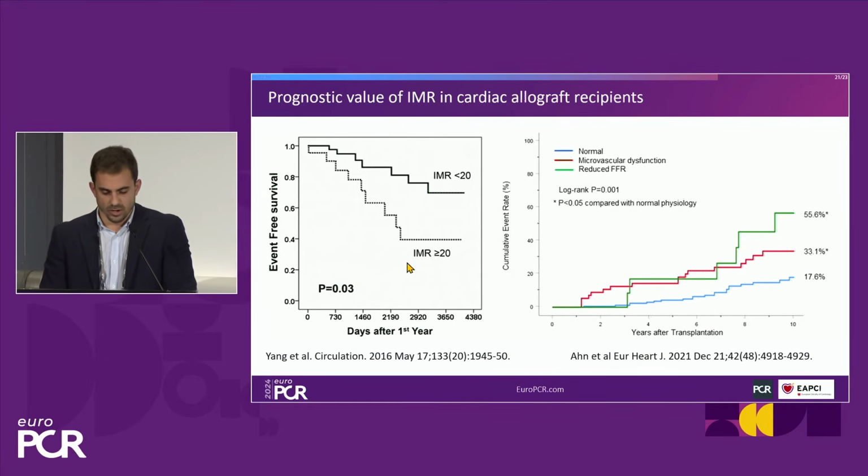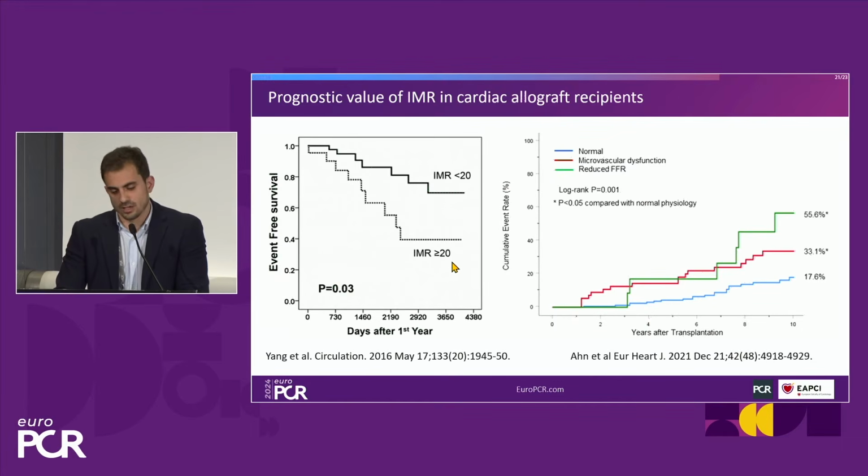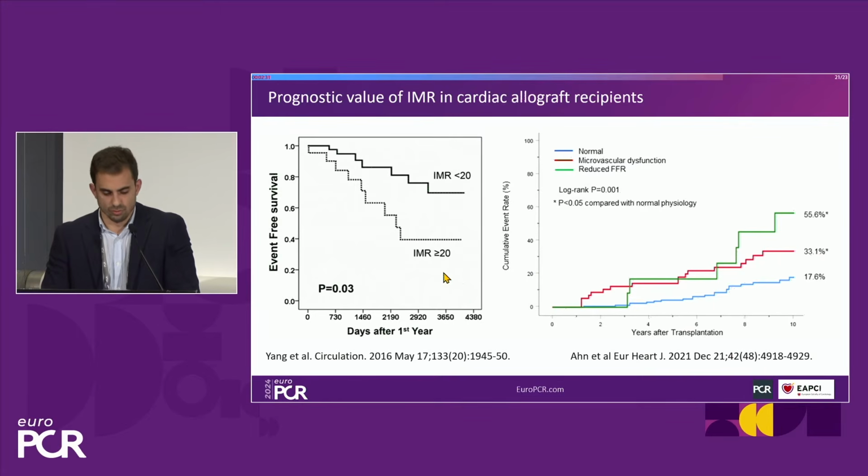From several years ago, we know that values of IMR in these patients of more than 20 relate to bad outcomes in terms of need for retransplantation and also death. And if we take a look at more contemporary cohorts, we see that having microvascular dysfunction is associated with outcomes as bad as having obstructive coronary artery disease in these patients.